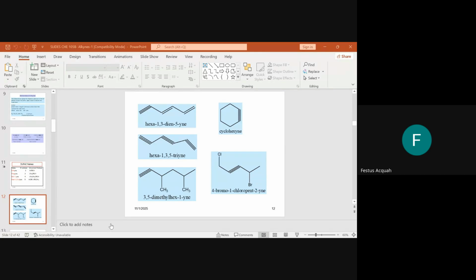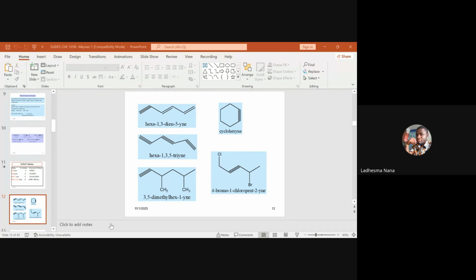First one, hexa-1,3-diene. In naming of compounds, you start from where you get the double bonds. Looking from the right place: 1, 2, 3, 4, 5, 6.